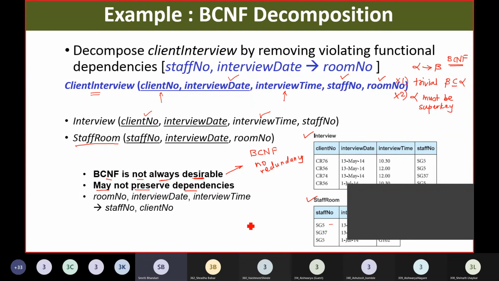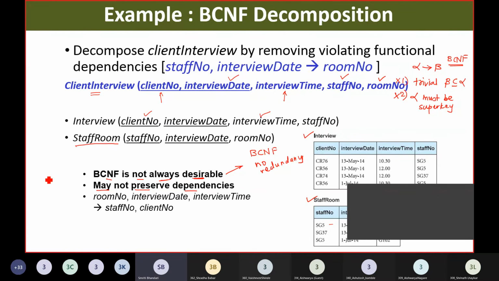What do we mean by dependency preservation? We have had a discussion at length regarding this dependency preservation, right? So in simple words, if I have a dependency and to check for that dependency I need to compute the join of two relations, then I will say that that dependency has not been preserved.